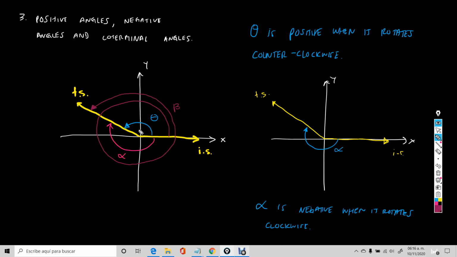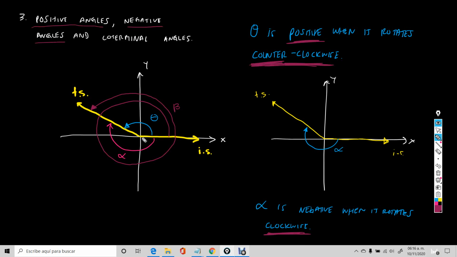So now you know what positive angles are, the ones that rotate counterclockwise. Memorize this: counterclockwise, positive. And negative angles are those that rotate clockwise. Okay, perfect. So we have this down. And then finally, what are coterminal angles?